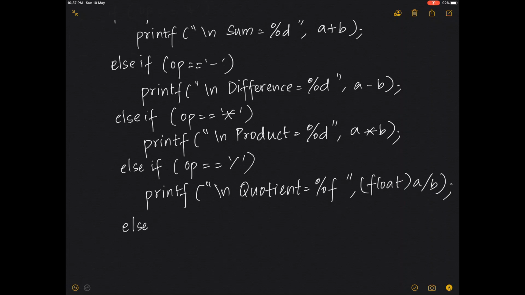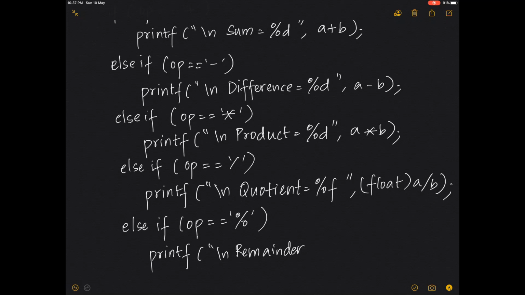Now else if, you can finish this with an else or you can go ahead and do a comparison where else if operator equal to modulus, printf \n remainder equals percentage d and print a modulus b.